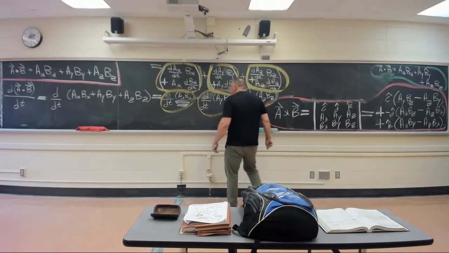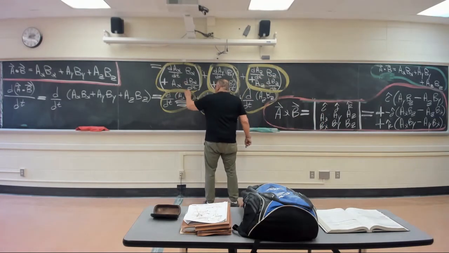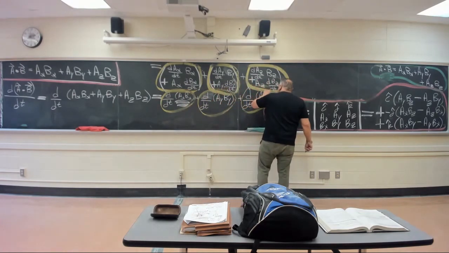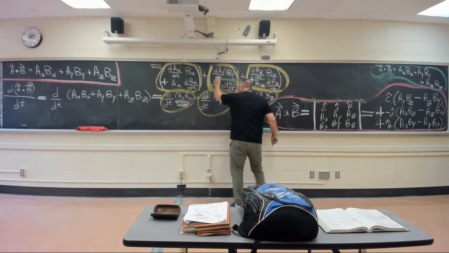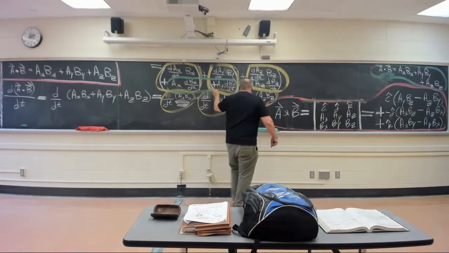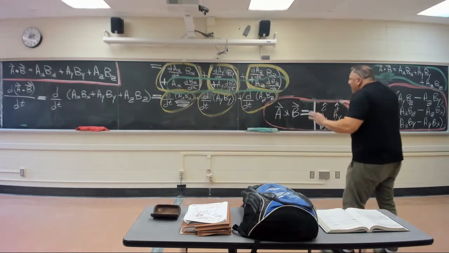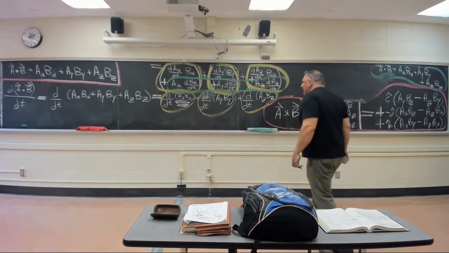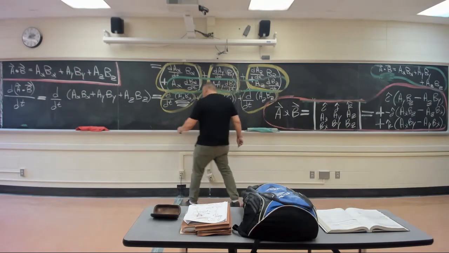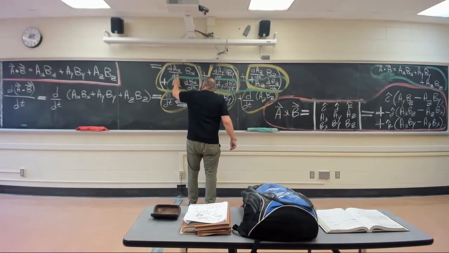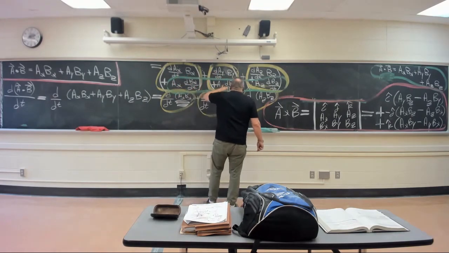Tell you what I'm going to do. Ax dBx/dt, Ay dBy/dt, Az dBz/dt. Add those three terms and kind of have them together. I think you know where I'm about to go here. dAx/dt Bx, dAy/dt By, dAz/dt Bz.